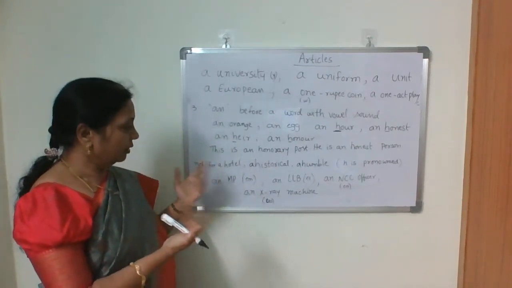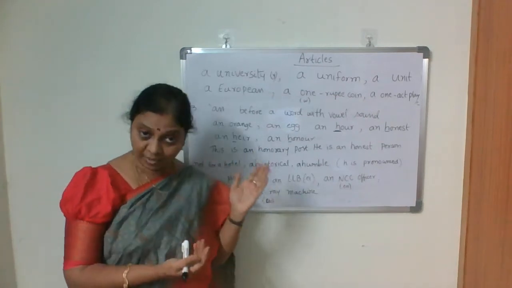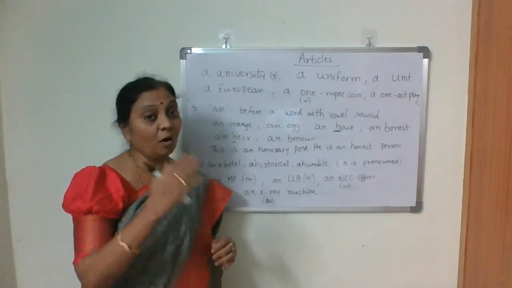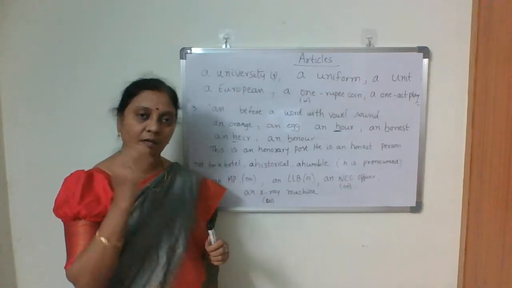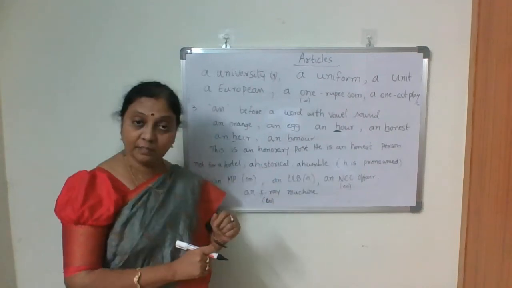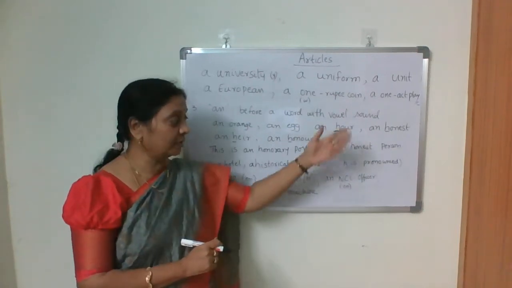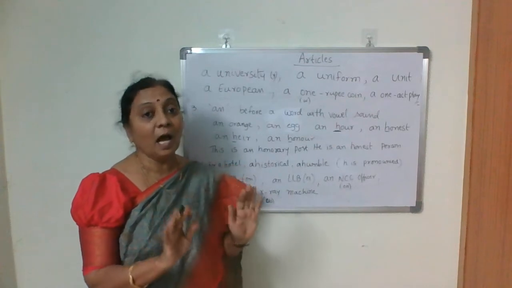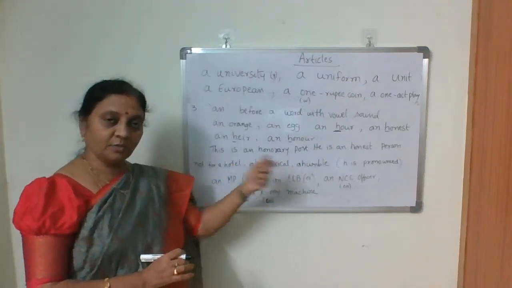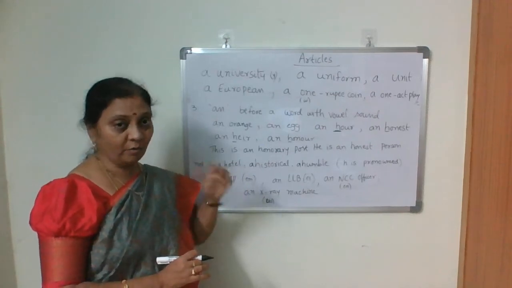So this is a hotel, this is a historical movie, or this is a horror movie. We don't say "orror"; there H is pronounced. And he is a humble person. Here the H pronunciation is there in these words, so hence we use only "a", not "an".